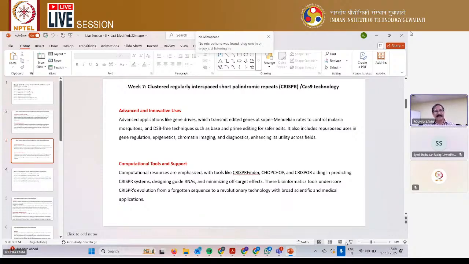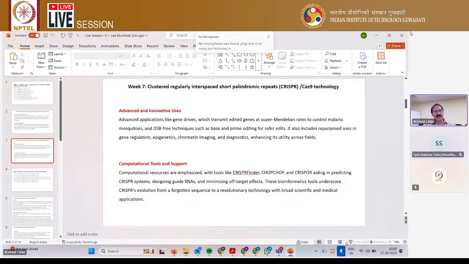There are other advanced applications like gene drives, which transmit edited genes at super-Mendelian rates to control malaria mosquitoes, for example, and double-strand break-free techniques such as base and prime editing for safer edits. It also includes repurposed uses in gene regulation, epigenetics, chromatin imaging, and diagnostics, enhancing its utility across fields.